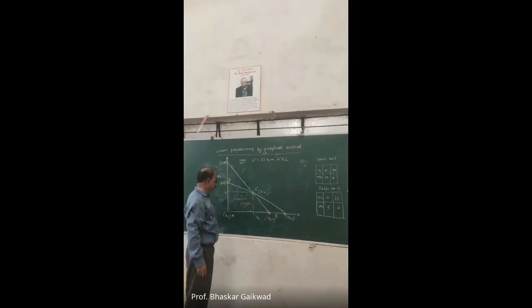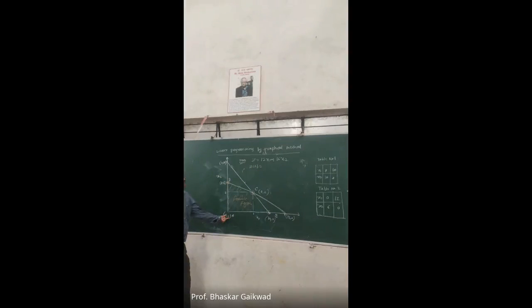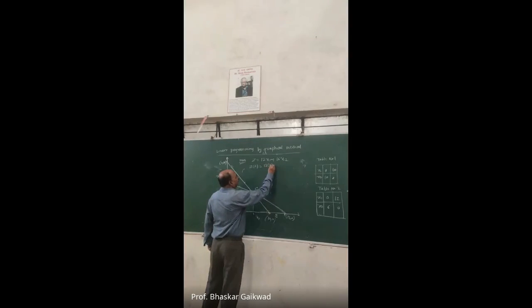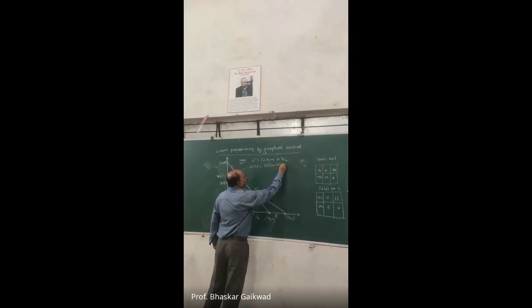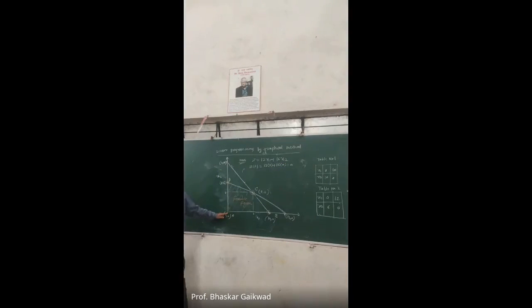Related to point A, what is Z here? x1 is 0, x2 is 0. So 12 times 0 plus 16 times 0, so it should be 0 for point A.